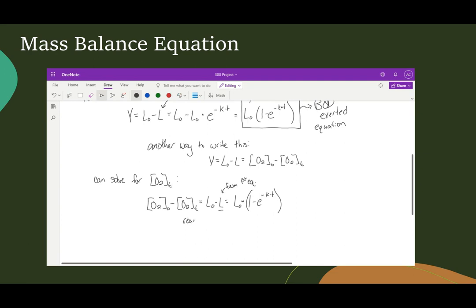So rearranging these equations, we can then solve for our oxygen at a given time, which equals the initial oxygen concentration minus the initial BOD multiplied by 1 minus e to the negative k rate multiplied by the time.